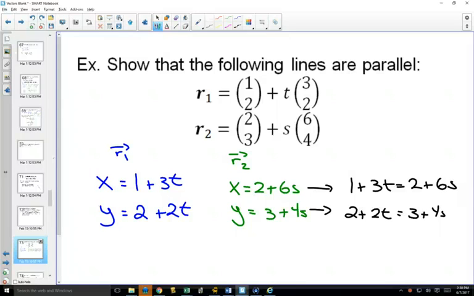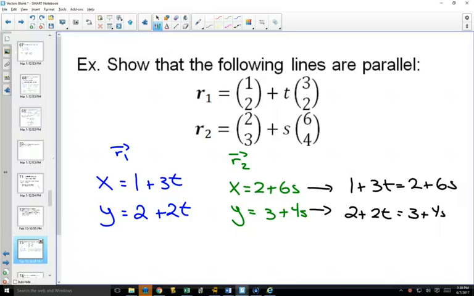So we can attempt to solve that using any technique that we would like. Substitution, elimination, or matrices, any way that you would like, you can use to solve that.